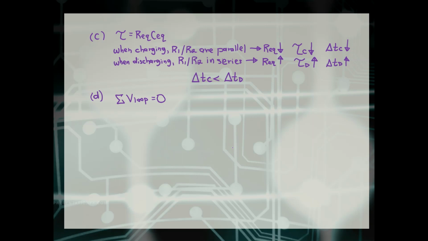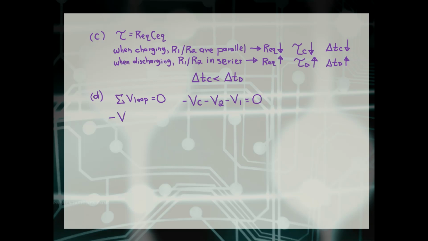Although theoretically speaking, the voltage across the capacitor is positive because it actually drives the circuit. But when we write the loop rule, just play dumb and write it as negative. So this would then be negative VC minus V2 minus V1 to close the loop, and that's equal to 0.